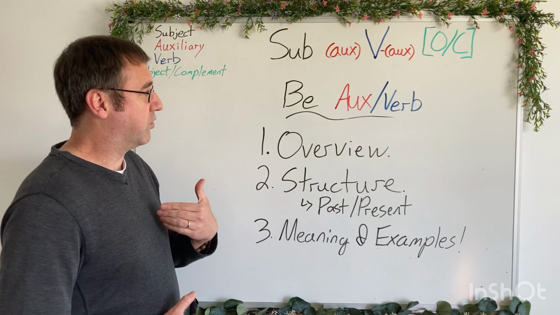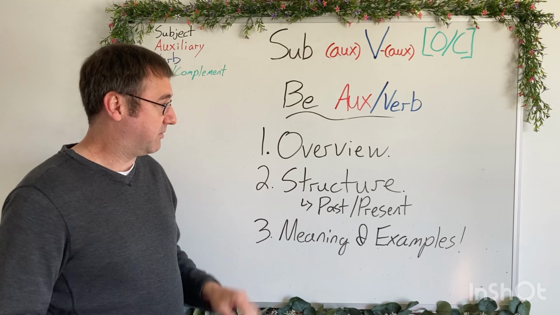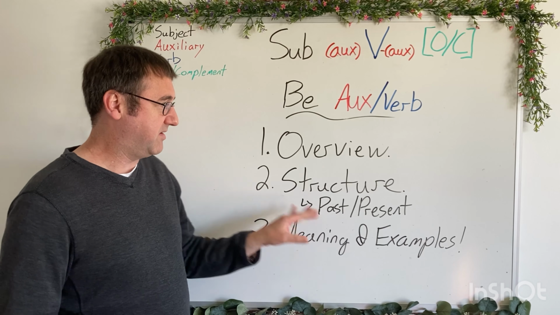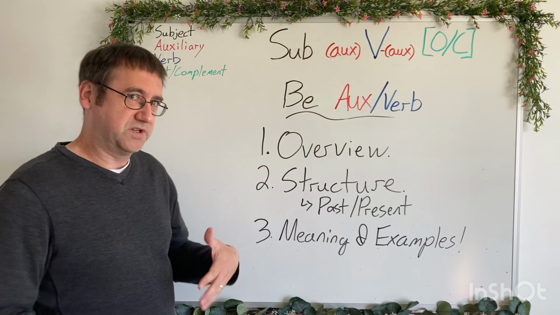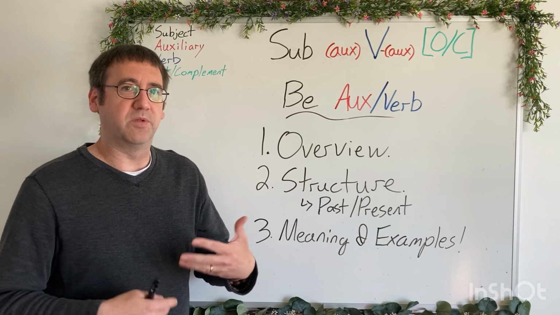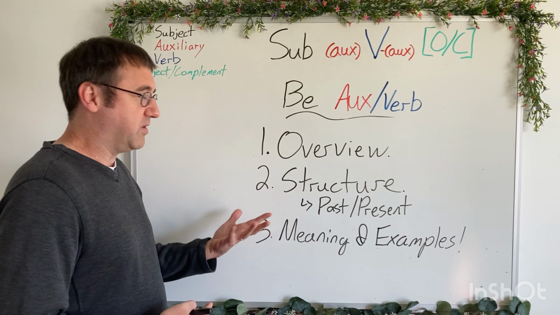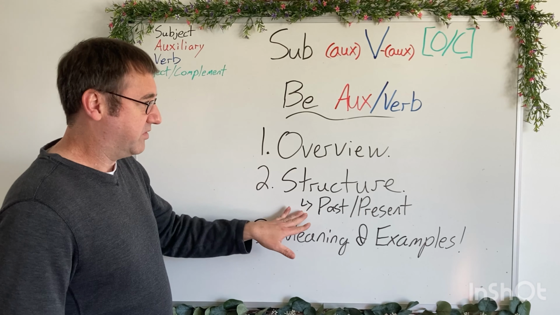And so we're gonna look at a few things today. We're going to go through an overview, and then I'm going to look at the structure, past and present, although these two sections will be a little similar. In the first section, I'm going to show you how it's a little bit different from the normal style, using some easy examples. And then we'll look at the structure of both past and present, be verb, be auxiliary, be verb.